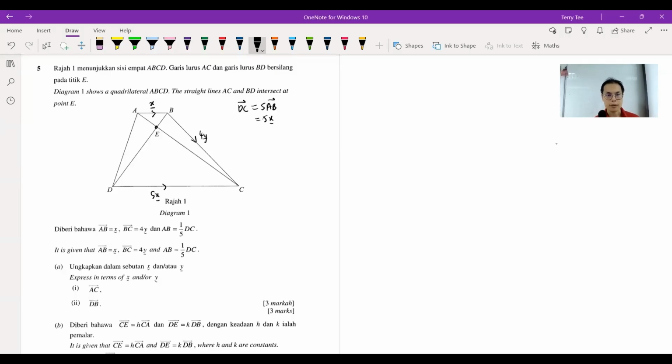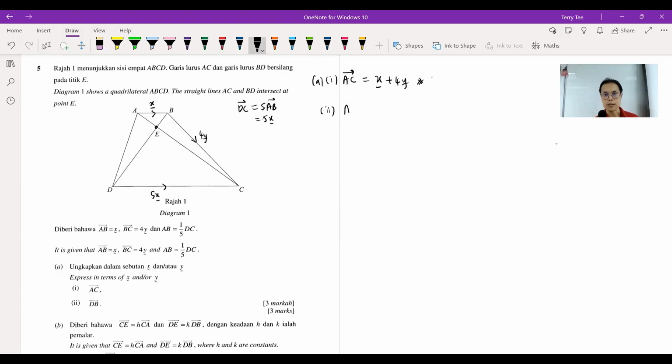5x. Okay. Ungkapkan dalam sebutan x and y, vector AC. Okay, so to find AC, we should go from A to B, B to C. Fairly simple: x plus 4y. Okay, to find vector DB, I should go D to C, C to B. I can go this way, D to C, C to B. Okay, let me write down this one.